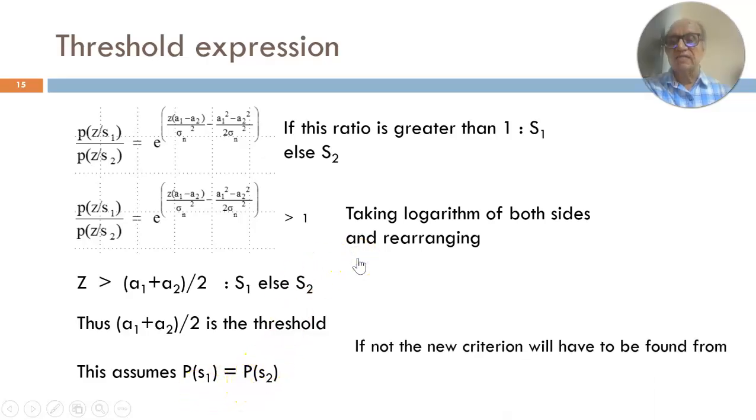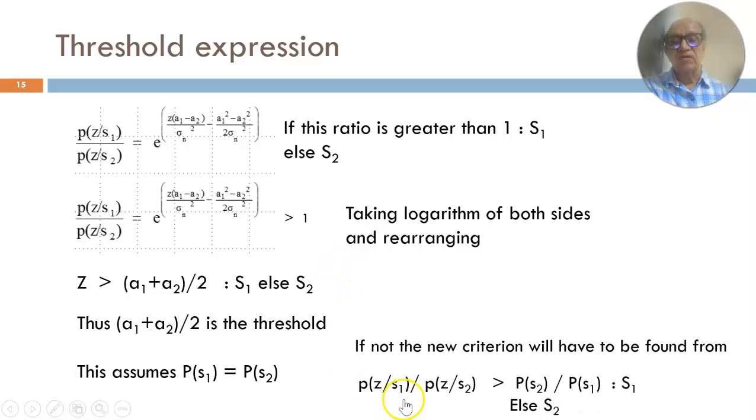If this is not the case, then you will have to find a new expression by using the more general criterion P(Z|S1) divided by P(Z|S2) greater than P(S2) by P(S1). So here we assumed that this is equal to this, but if that is not the case, then you have to use this expression and find a new expression for the threshold.